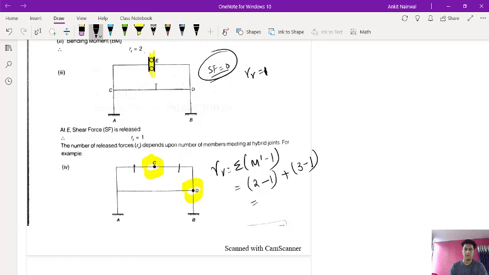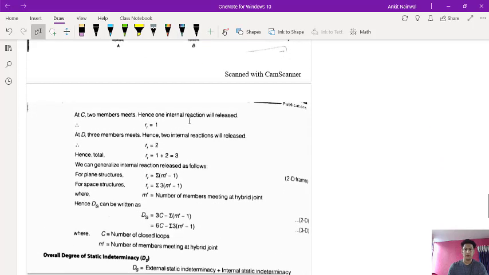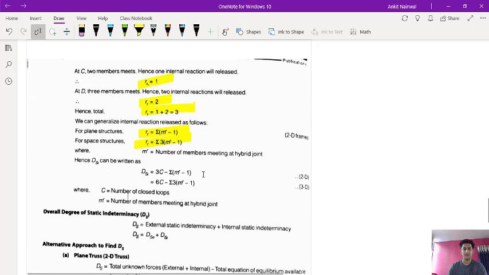So it will be 1 plus 2, that is 3. So the number of reactions released will be 3. This is how you calculate. You can see that RR for the first is 1, for the second is 2, and the total is 3. This is the formula that you need to remember, where m dash is the number of members meeting at the hybrid joint.